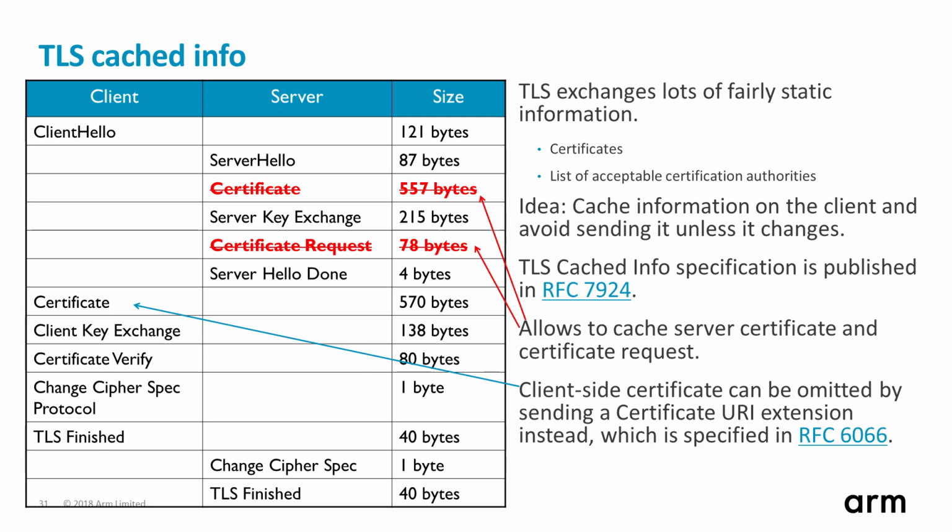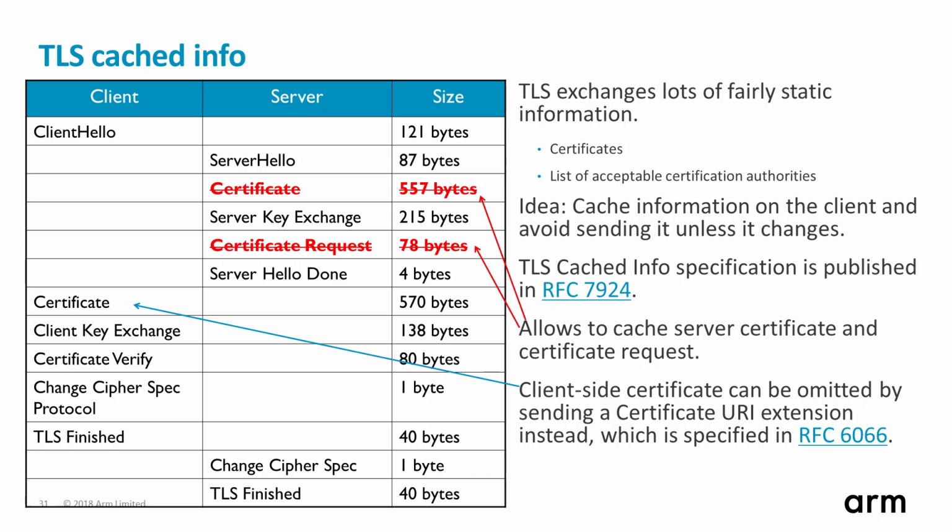The TLS cached info extension is yet another extension, specified in RFC 7924, which aims to reduce the amount of data exchanged between a client and a server. It uses the basic observation that some information in the TLS exchange is fairly static, such as certificates and the list of certification authorities.